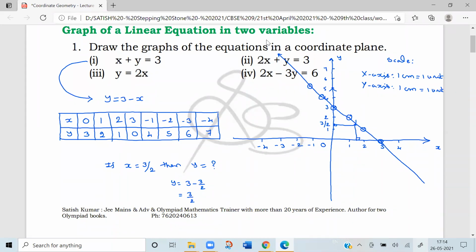Now, let us calculate from the graph: when y equal to 2, then what is x from the graph? That means y equal to 2.